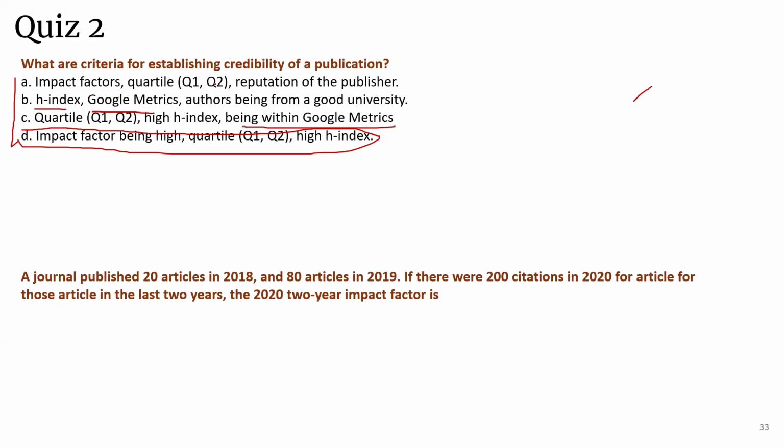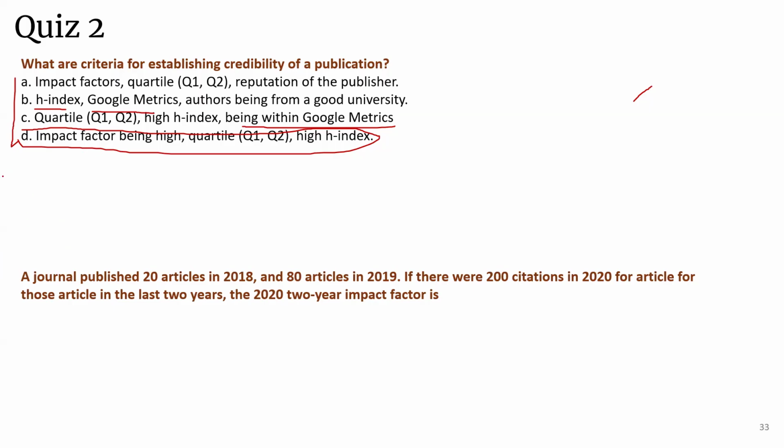Okay. Let's do this question also. A journal published 20 articles in 2018 and 80 articles in 2019. If there were 200 citations in 2020 for those articles from the last 2 years, the 2020 2-year impact factor is?